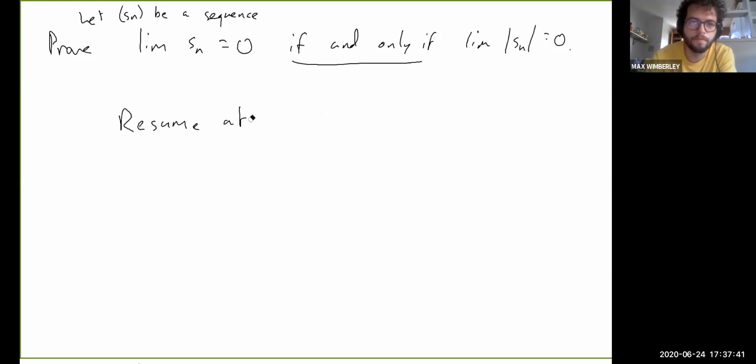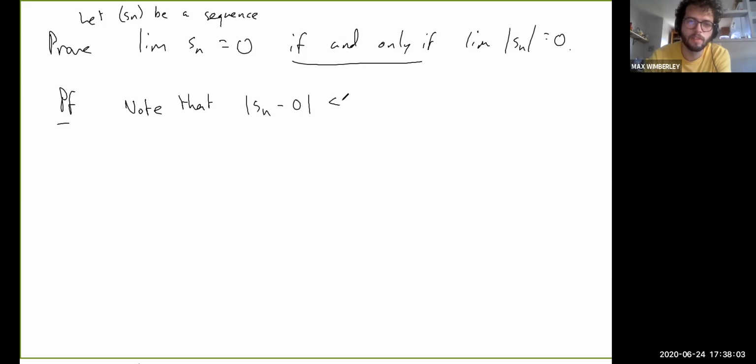The proof itself here is actually very simple. In fact, I would say it would pretty much be enough to just say that |Sn - 0| is less than epsilon if and only if... By the way, this often stands for "if and only if."